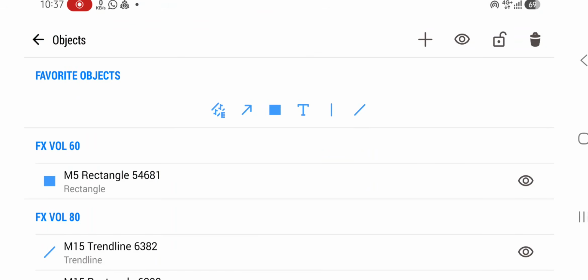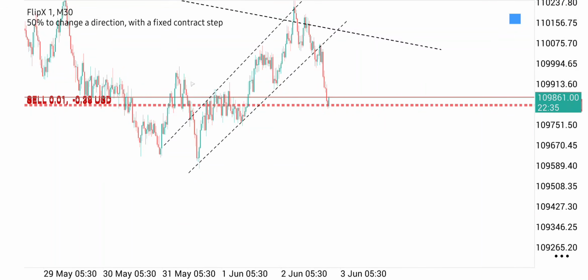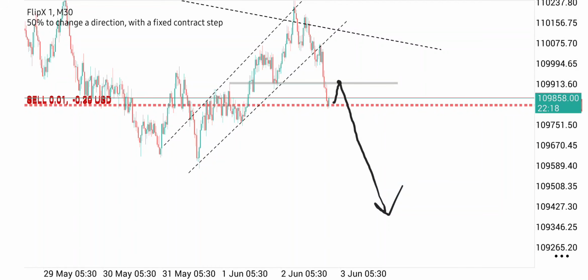This flag has this area of resistance, which was previously support here. As you can see, price is moving to the upside. I expect it to retrace to this point here, and then continue with the trend.